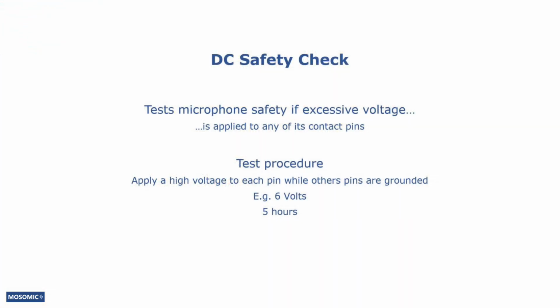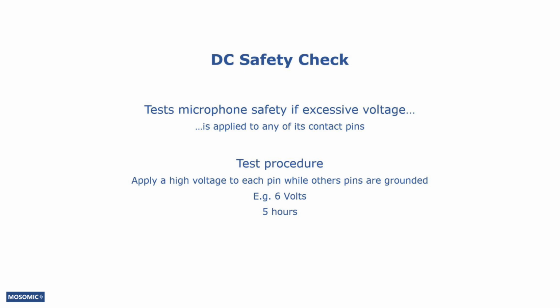A DC safety check is done to check the safety of the microphone in the case that excessive voltage is applied to one of its contact pins. The test is done by applying a high voltage to each pin of the microphone while the other pins are grounded. The voltage depends on the voltages the microphone has been designed to operate with in normal conditions.